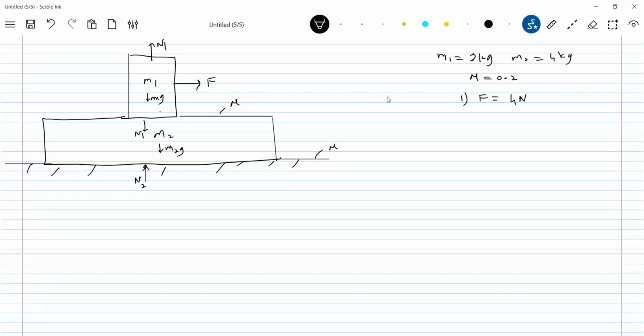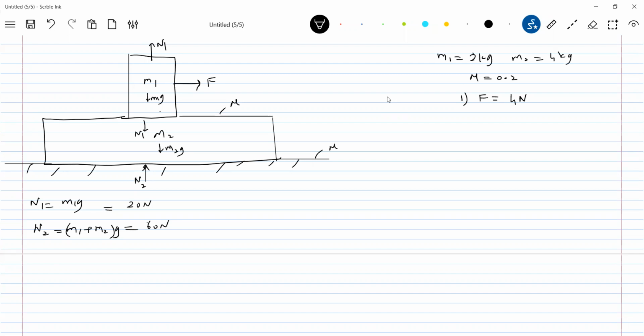Then first we'll calculate the limiting frictions at all surfaces. What is F1L? First, what is the value of N1? N1 equals M1G. Directly I'm writing N2 equals (M1 plus M2)G. M1 is how much? 20 Newton. What about N2? It will be 20 plus 40, 60 Newton.